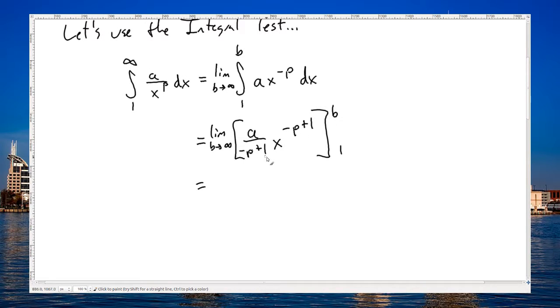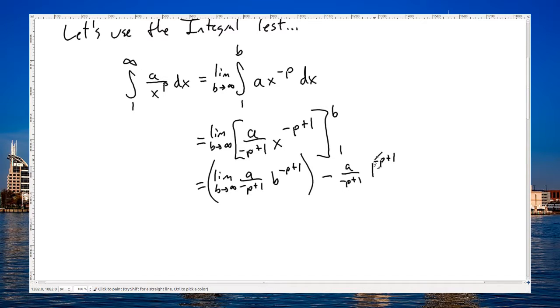And then let's see, plug in the top. Limit as b goes to infinity of a over negative p plus 1, b to the negative p plus 1, minus, plug in the bottom, a over negative p plus 1, 1 to the negative p plus 1.